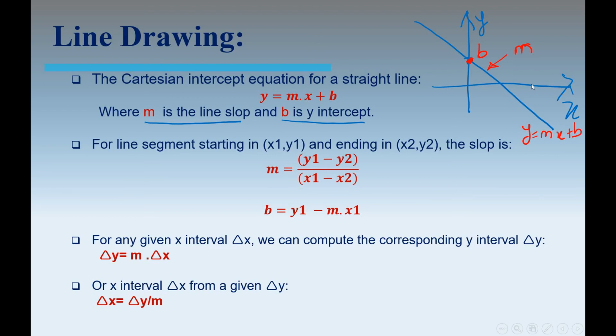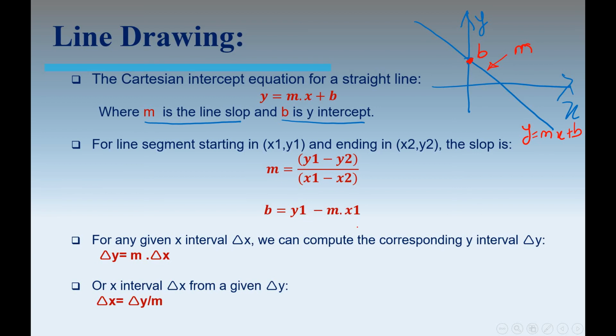For line segments starting at (x1, y1) and ending at (x2, y2), the slope is m equals (y1 minus y2) divided by (x1 minus x2), and the y-intercept b is equal to y1 minus m times x1.